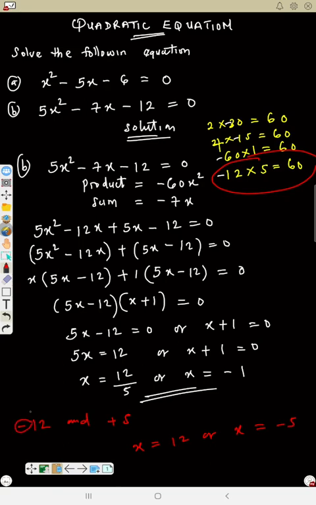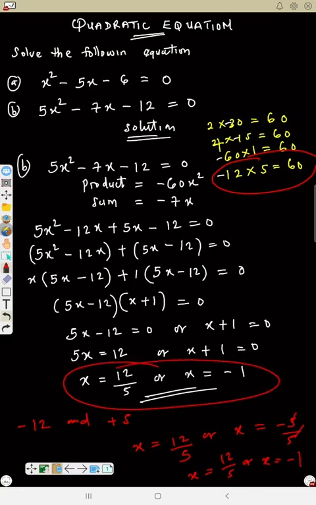That is, change this minus to plus, change the plus to minus, so the sign will reverse. We have done this. Now the coefficient in our question is 5. That means I'm dividing the two results by 5. So s is 12 over 5 or s is minus 1, because 5 will cancel out. So that will give us the same results as this.